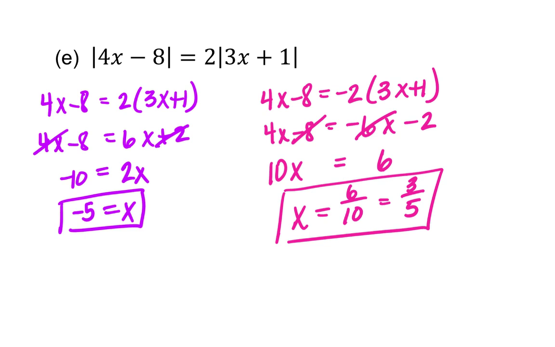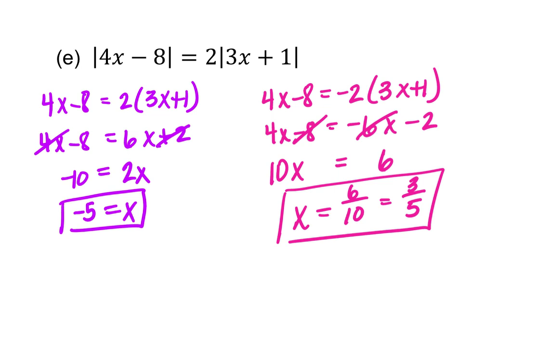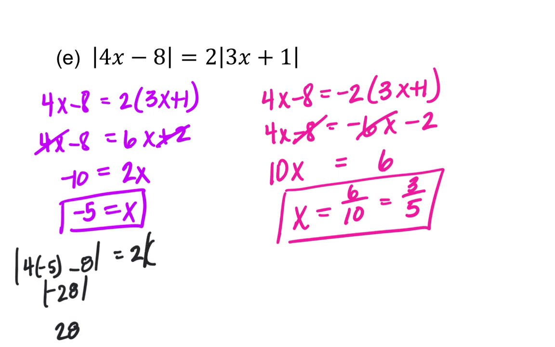Now what do I have to do? Check your answers. So 4 times negative 5 is negative 20, and negative 20 minus 8 is negative 28. And the absolute value of negative 28 is 28. 2 times, see if I can write this correctly. 2 times the absolute value of 3 times negative 5 plus 1.